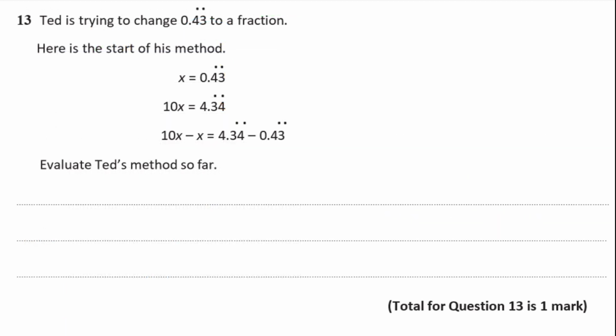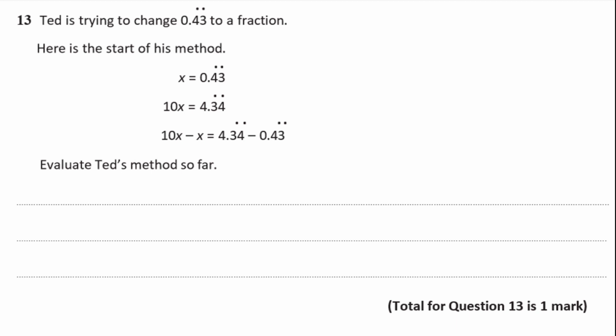Question 13. Ted is trying to change 0.43 recurring, it's a recurring decimal, isn't it? With 2 dots, 43, so it's 0.43434343. He's trying to convert it into a fraction. So here's the start of his method.